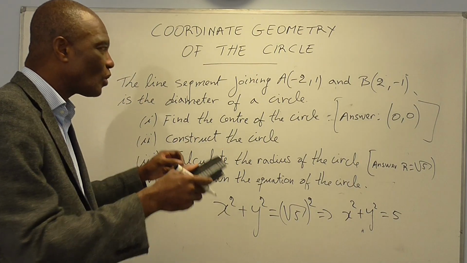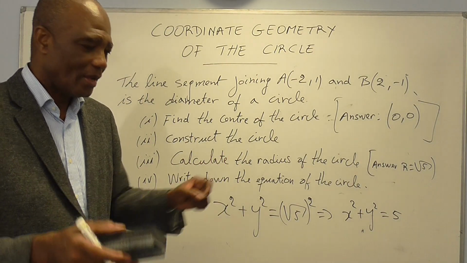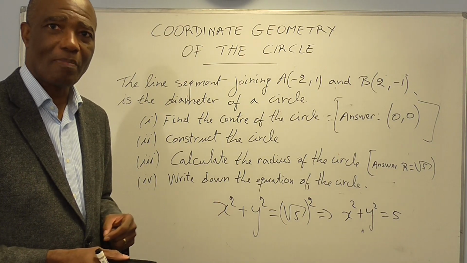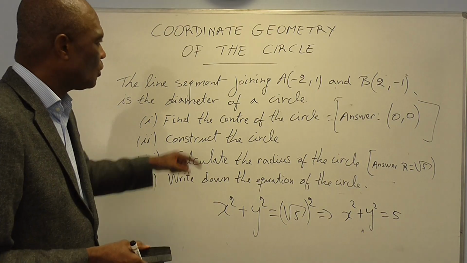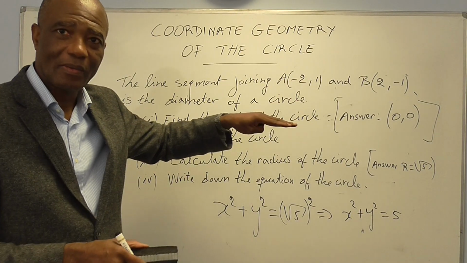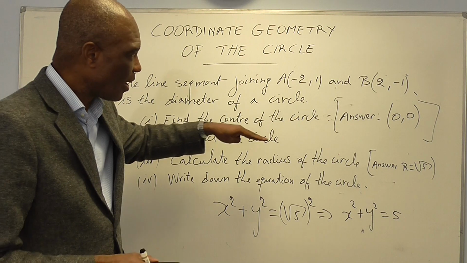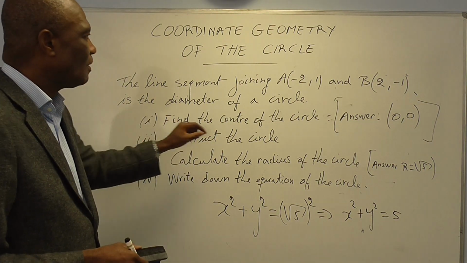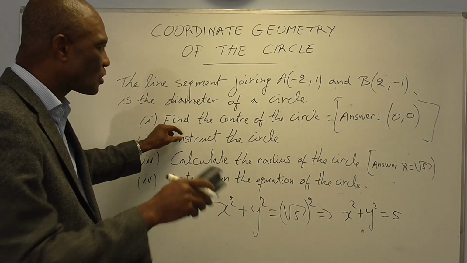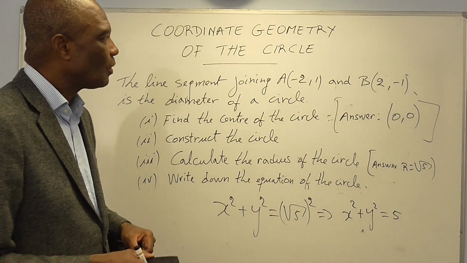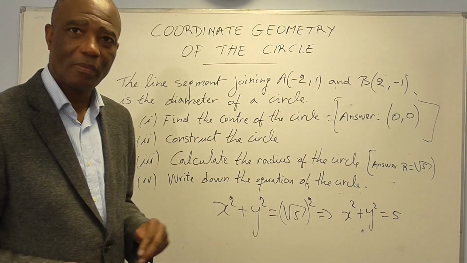But when you are using your graph paper, for example, you can just draw the axis. You draw your axis, you label, and then you construct the circle. It will be much easier with the coordinate.